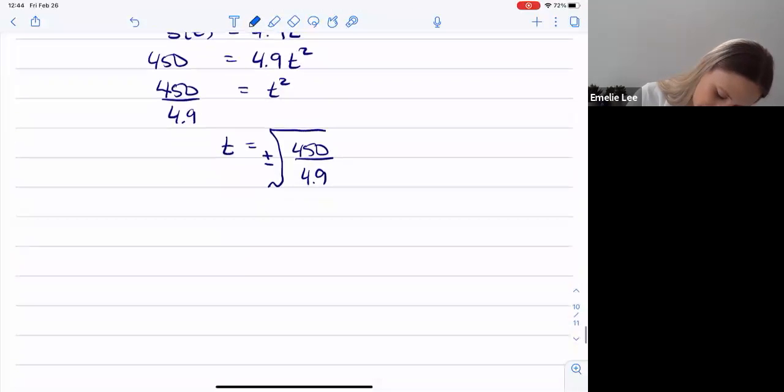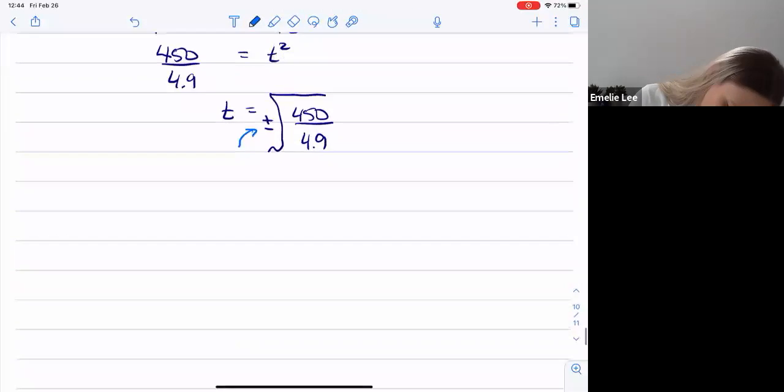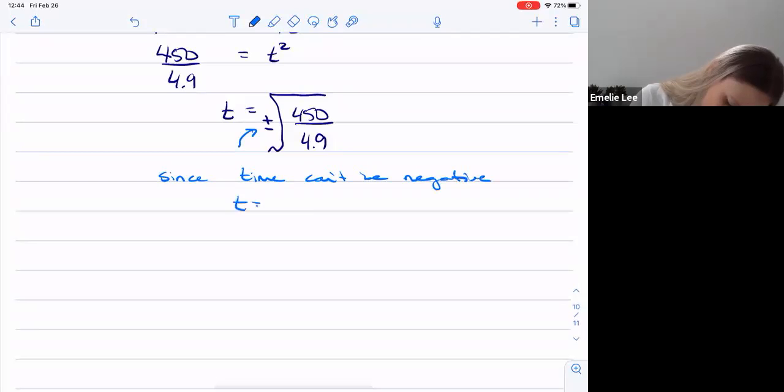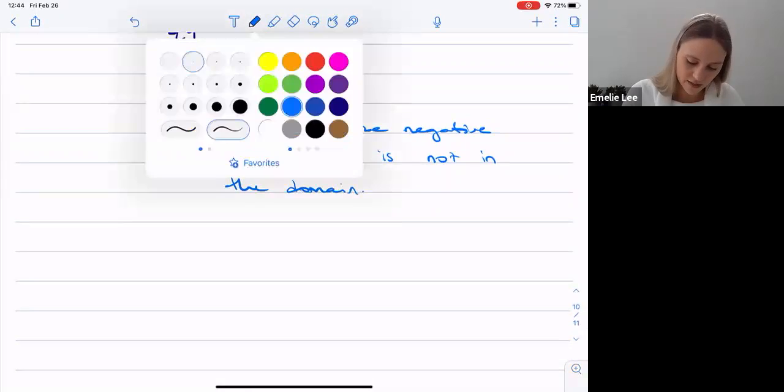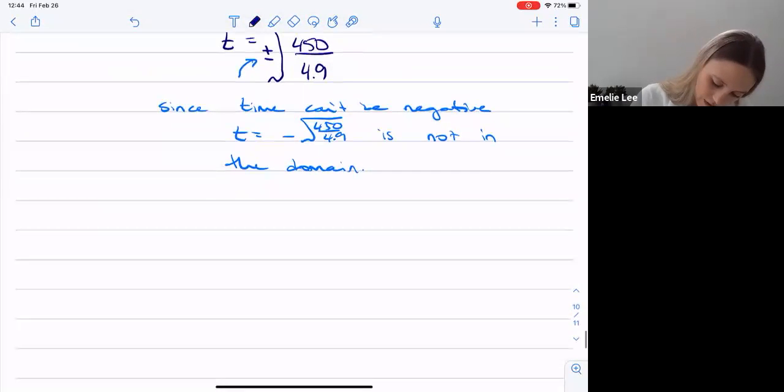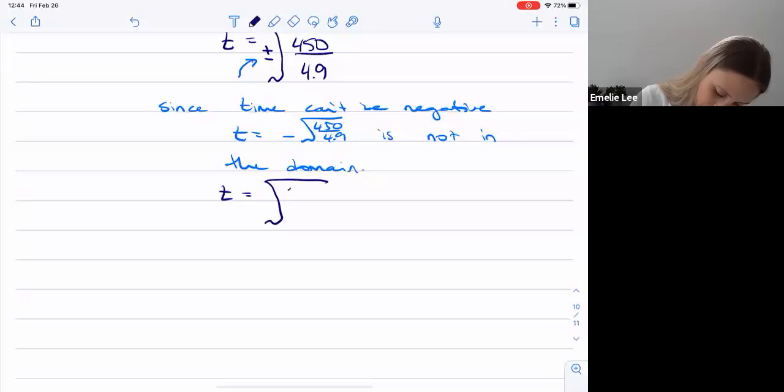So since time can't be negative, t equals negative root 450 over 4.9 is not in the domain. Right, so it can't be one of our options. So that's why we're able to say that, well, then t must be the root of 450 over 4.9.